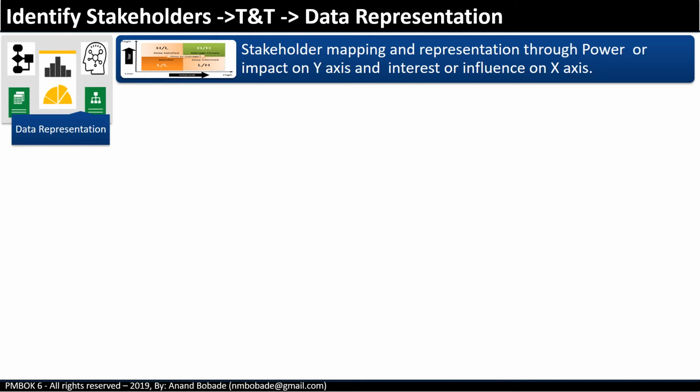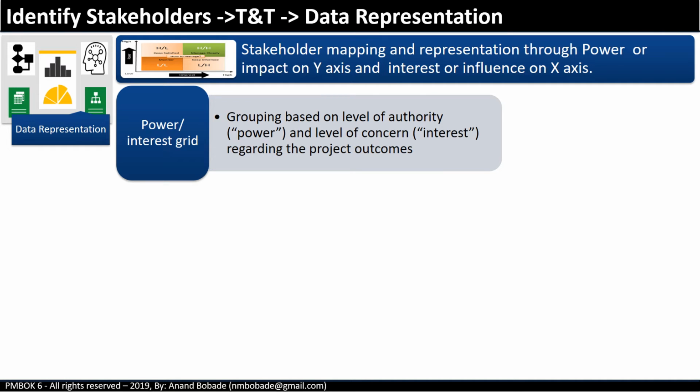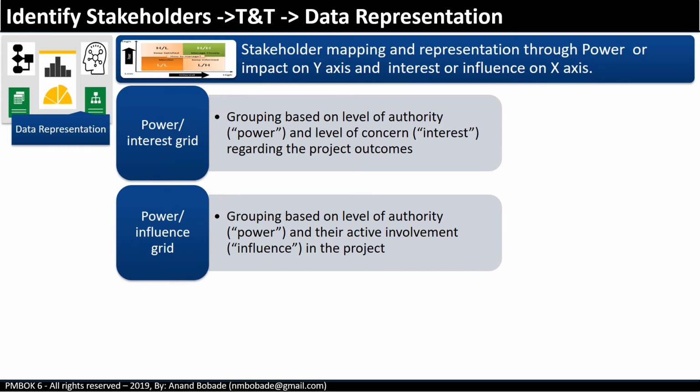Let's understand the various grids. Power interest grid, where grouping is done based upon the level of authority, that's power, and level of concern, that's interest, regarding the project outcome. Power influence grid, where grouping is done based upon the level of authority, power, and their active involvement, that's influence, in the project.